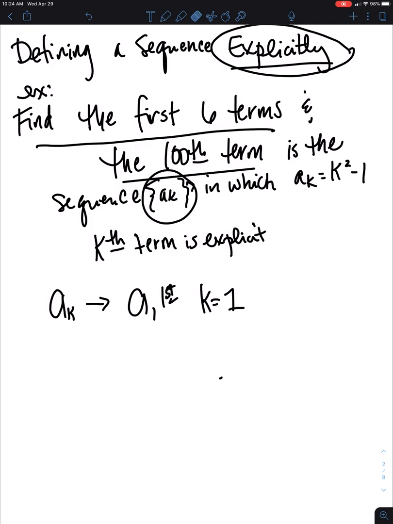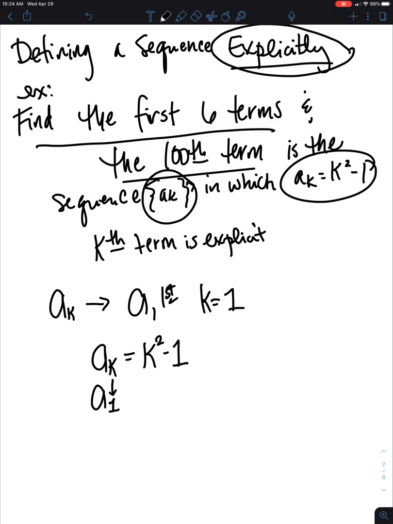So if I want to do a1, I'm going to use this equation right here. I like to write underneath it so you can see where all the numbers come from. If I do a1, what is k here? k is 1, so it's 1 squared minus 1, which is 0.